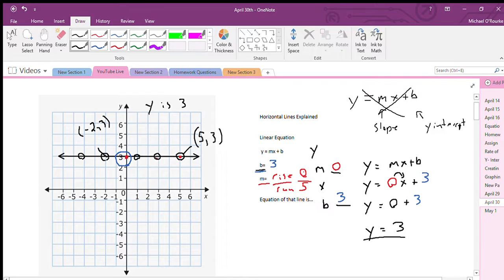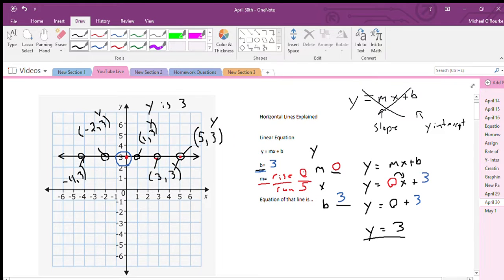Okay, if I were to graph this spot, this would be 3, this spot, 1, 3. Okay, the y in each of these is always 3. That's how I remember if it's a horizontal line, is y equals 3 means everywhere along this line, y is going to equal 3.